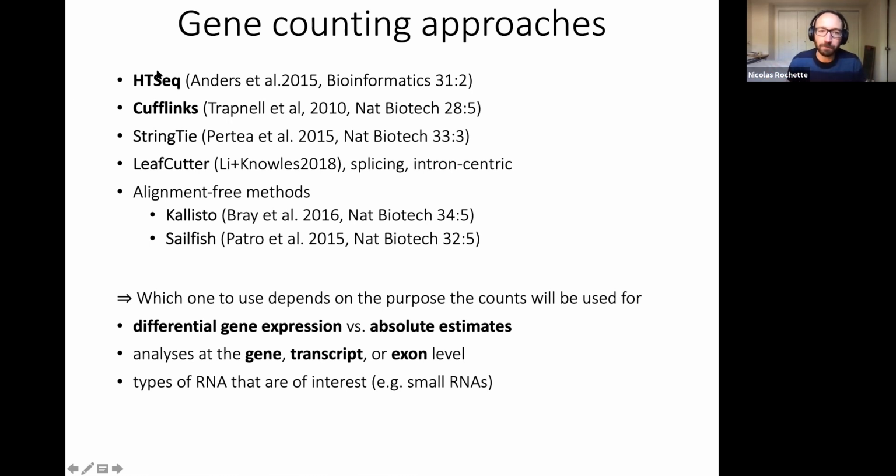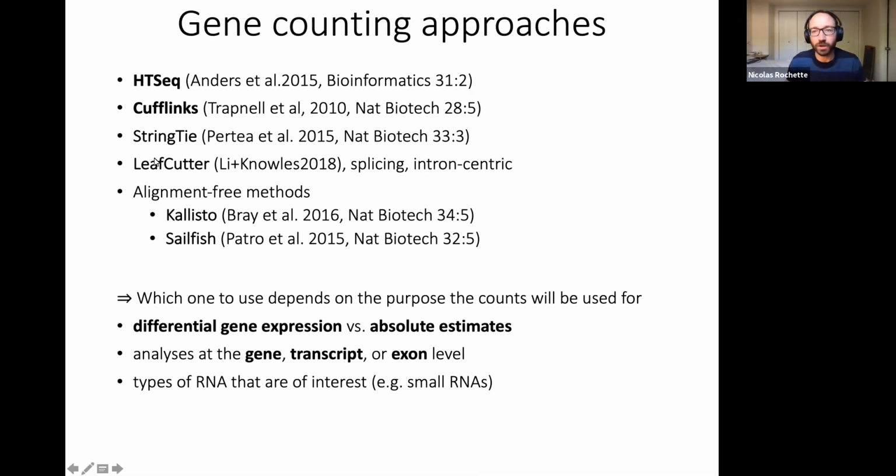This is the main methodological difference between those two approaches. Either one approach counts expression at the entire gene level, taking all the exons, looking at everything that maps to the exons of the gene and tallying everything up, or some approaches try to have a more detailed understanding of the expression and do analysis at the transcript level.